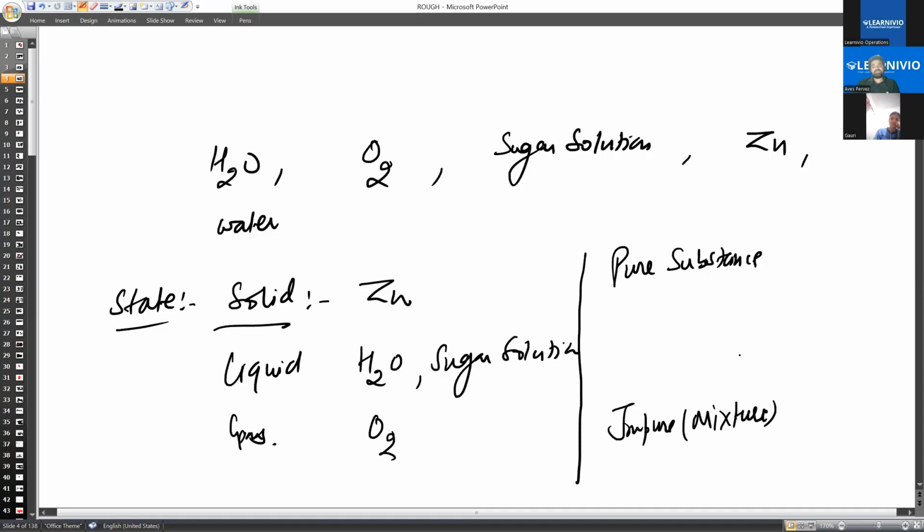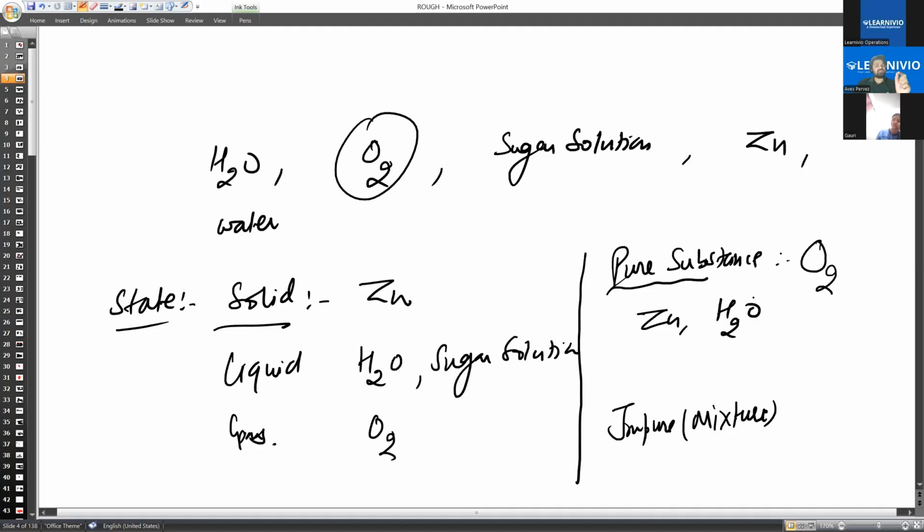What pure substances are you will study in the next chapter, but now I'm going to give you a simple view: a pure substance is one which carries only one kind of particle and has its specific properties. Oxygen gas is a pure substance. Zinc is a pure substance because it carries only zinc particles. And water is H2O. You may ask why water is pure, since it carries oxygen and hydrogen.